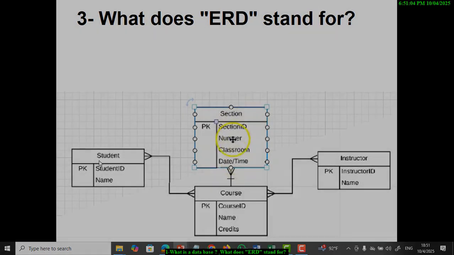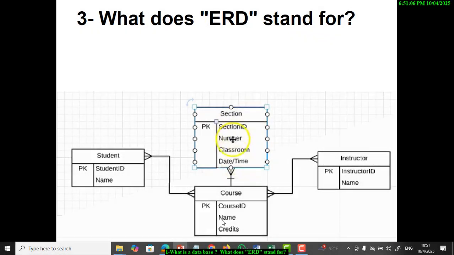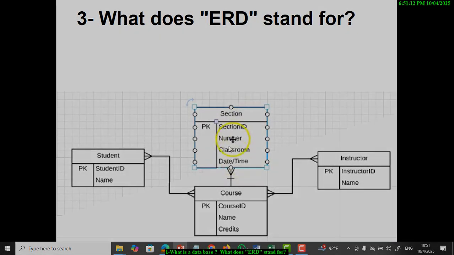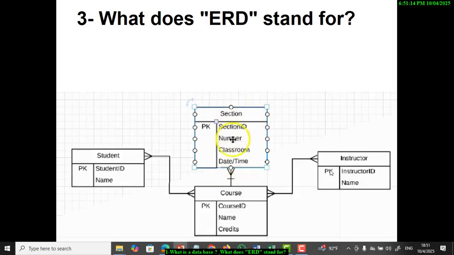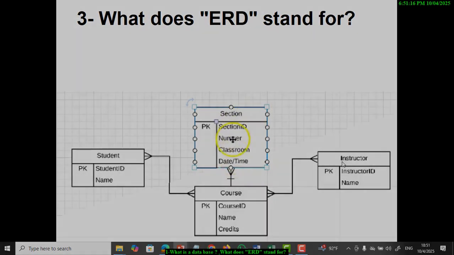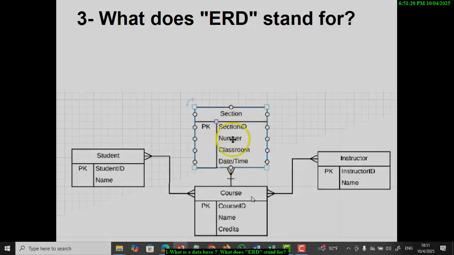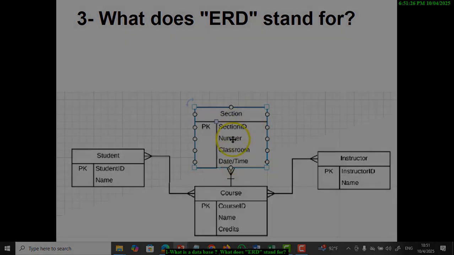We have the student table, the course table, the instructor table, and the section table. The course consists of different sections. There are many instructors. An instructor may teach more than one course, and the course may be taught by more than one instructor.